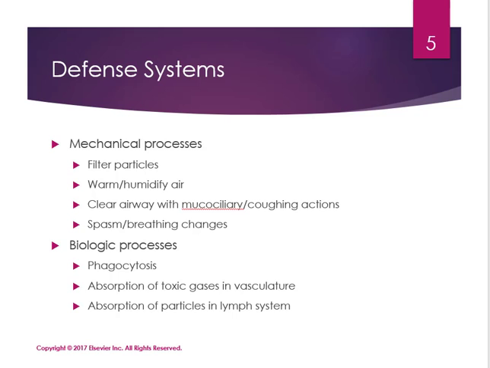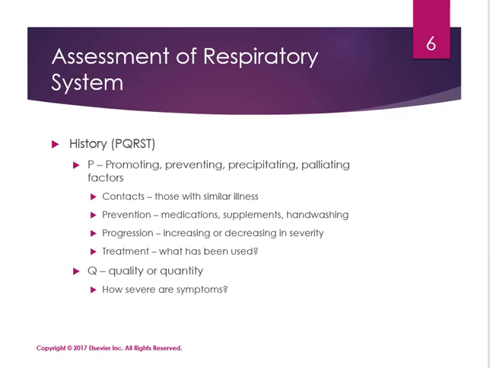When we go to assess the respiratory system, there's a mnemonic that is beneficial when you're conducting your history. It's the PQRST mnemonic. P means promoting, preventing, precipitating, and palliating factors: people that the child may have been in contact with, any preventative measures such as medication, supplements, hand washing, progression, whether the symptoms have increased or decreased in severity, and what treatments have been used at home.